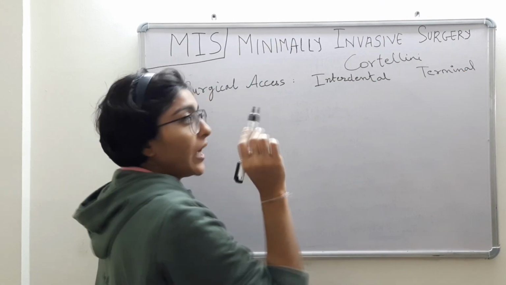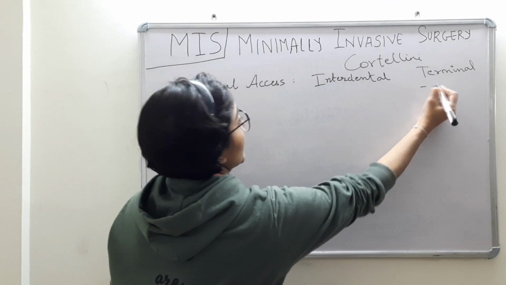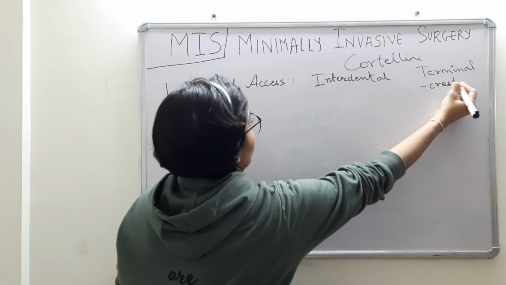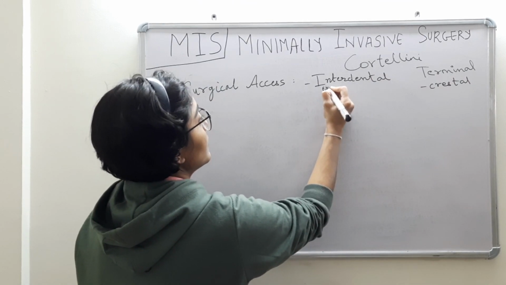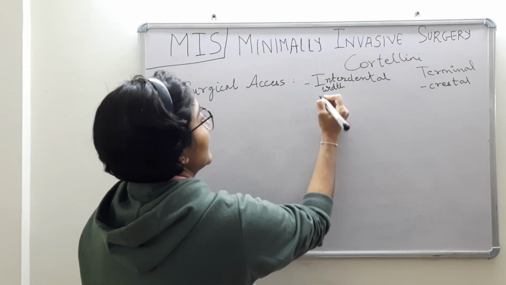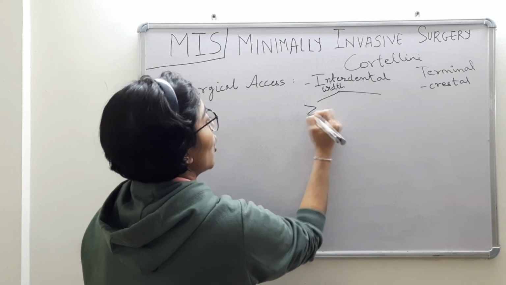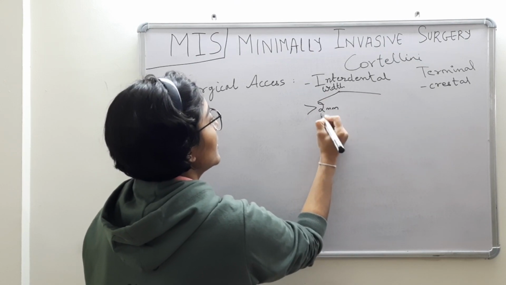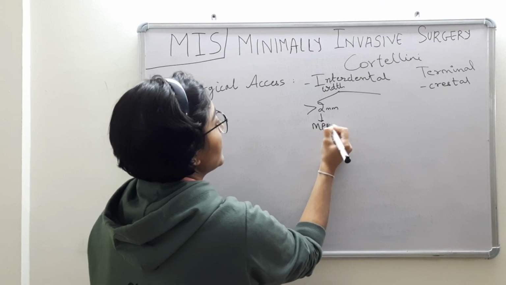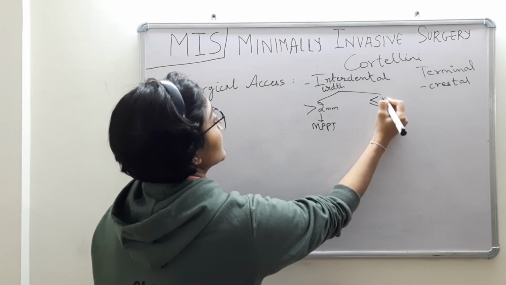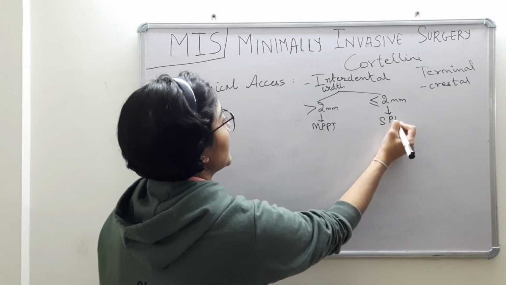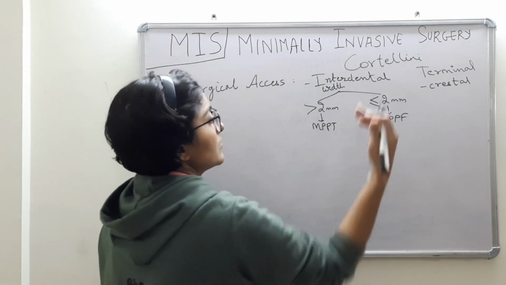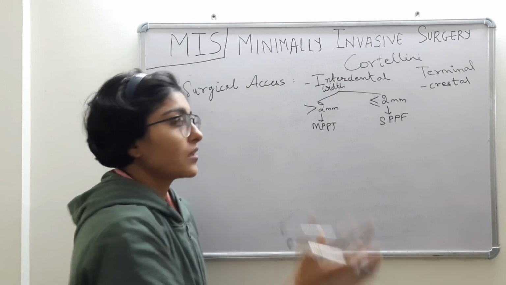So now if it is a terminal tooth, we give crestal incision, and based on the interdental width, if it is broader, that is greater than 2 mm, we go for MPPT, and if it is narrower, that is less than or equal to 2 mm, we go for SPPF, that is strongly indicated ones. Clear?